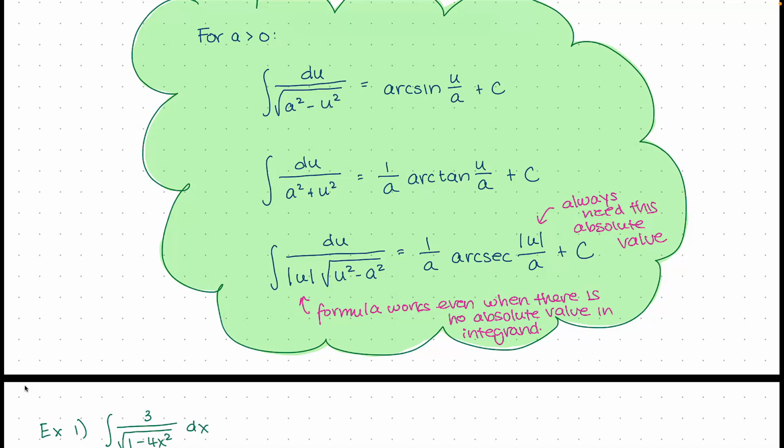Instead, look at what's inside the radical. For arcsecant, it's u squared minus a squared, and for arcsine, it's a squared minus u squared. Arcsecant is the variable minus the constant. Arcsine is the constant minus the variable. That's your clue. That's how you know when to use which one.